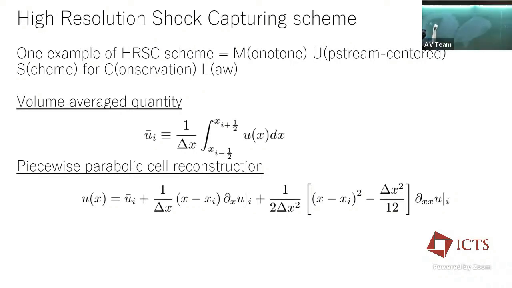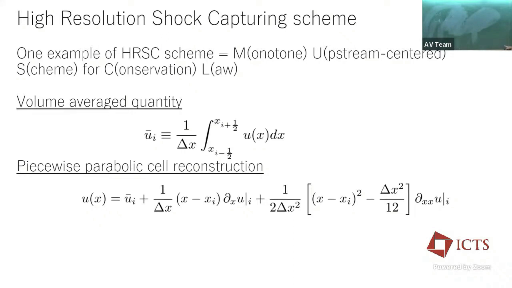You just give the estimate of delta_x u at i by the direct finite difference of this expression. This is a second order accurate expression for delta_x u and delta_xx u.